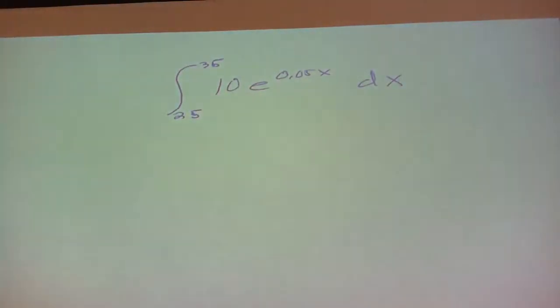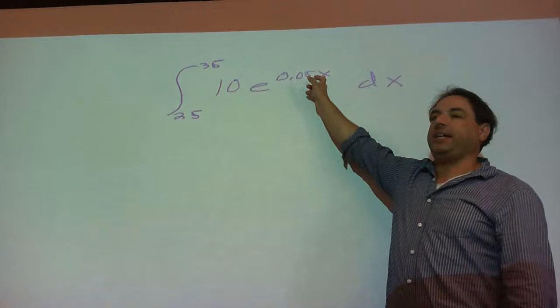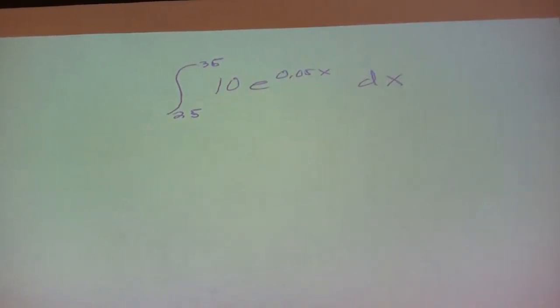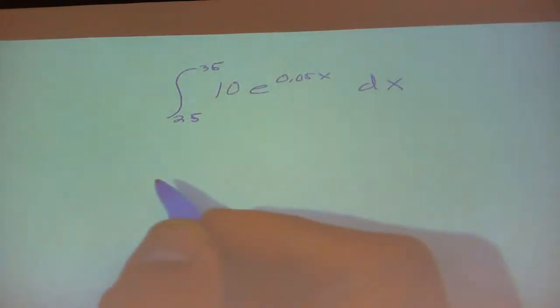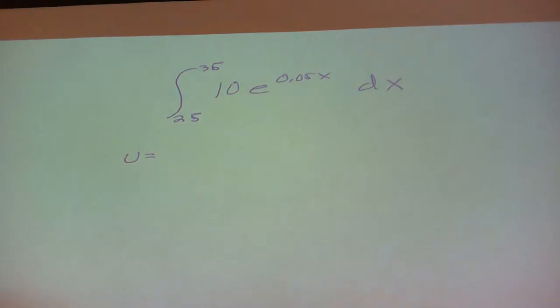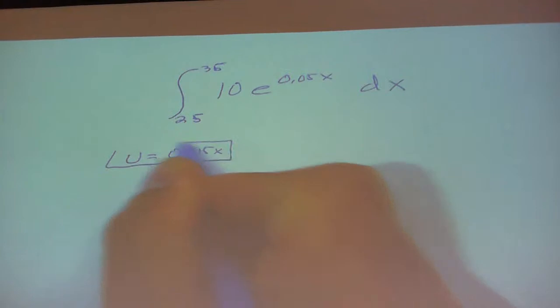Now, unless you memorize all your special stuff, I do not know what the integral of e to the 0.05x is. So this is going to be u substitution. And I'll even give you a head start. What is u going to be? 0.05x.